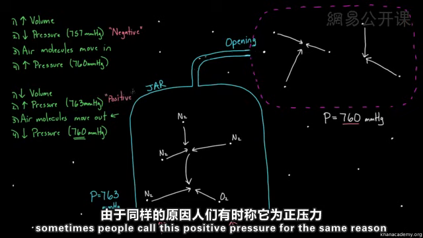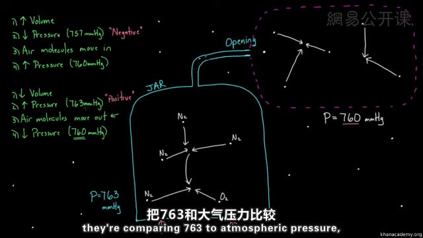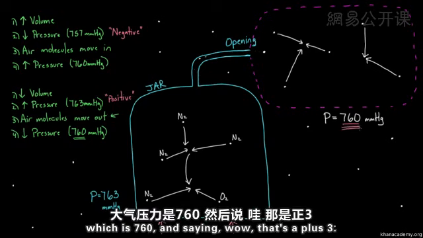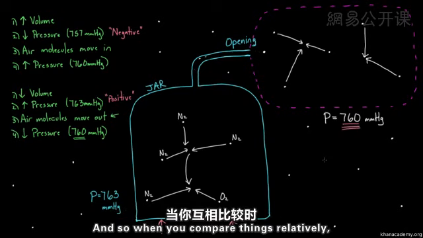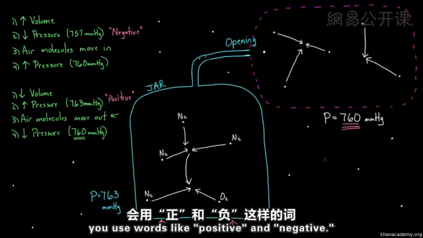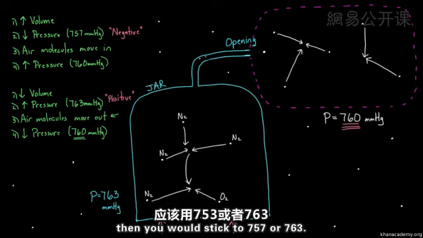Positive pressure. For the same reason they called it negative before, because all they're doing is comparing 763 to atmospheric pressure, which is 760, and saying, wow, that's a +3. That's a little bit positive. And so when you compare things relatively, you use words like positive and negative. But if you're using just the total number in absolute terms, then you would stick to 757 or 763.